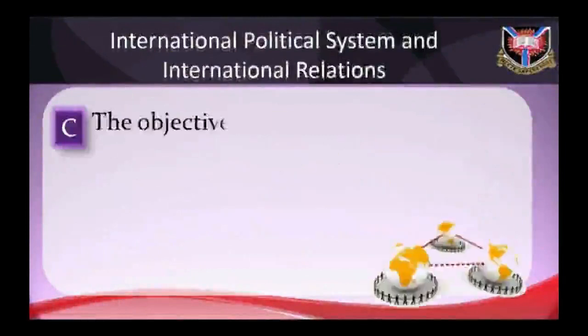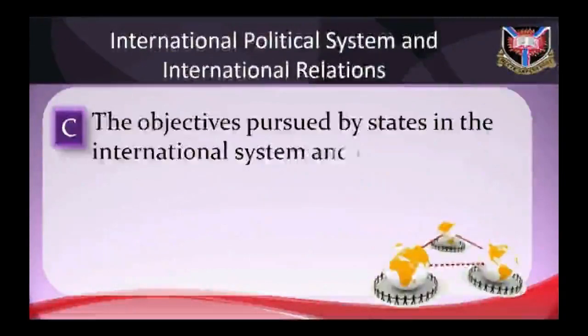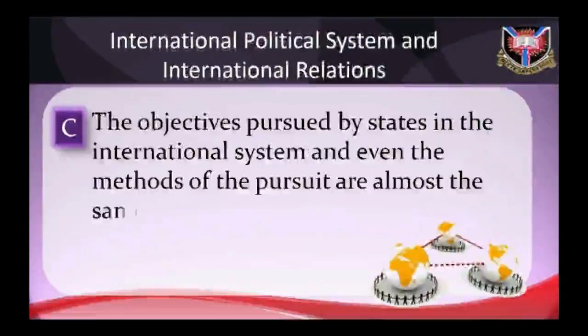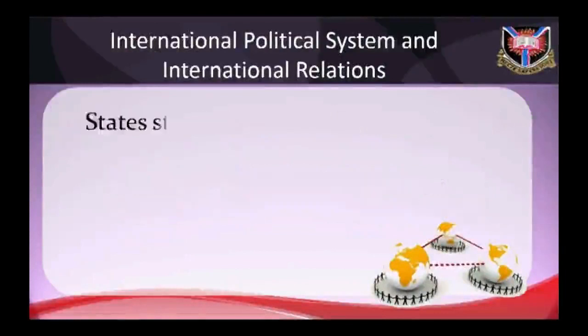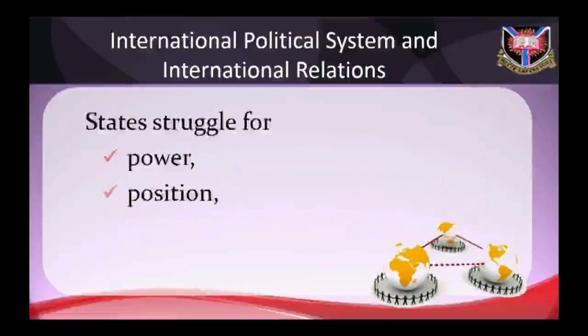C. The objectives pursued by states in the international system and even the methods of the pursuit are almost the same as those pursued within the states. E.g., at the international level, states struggle for power, position, resources, and food.